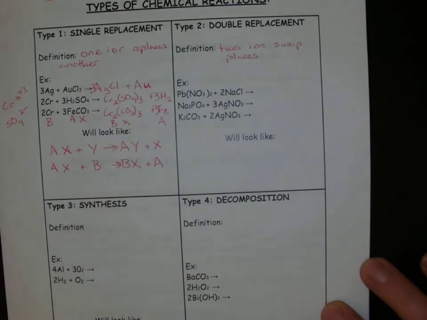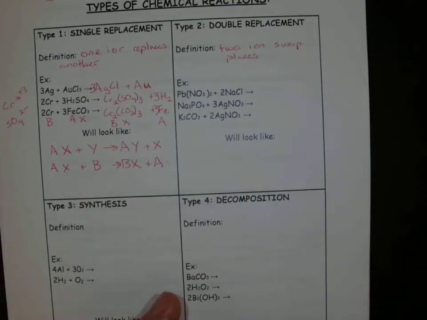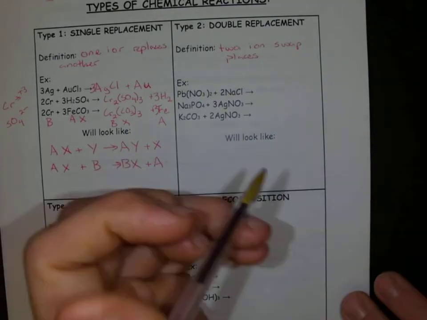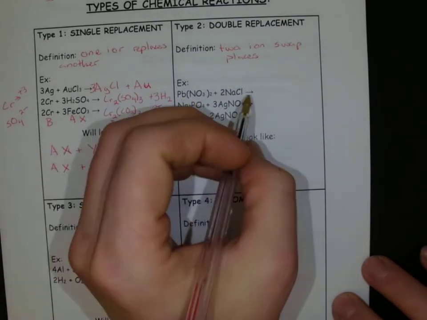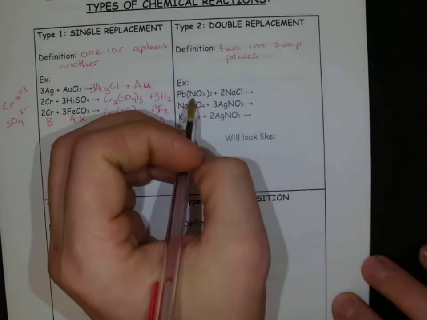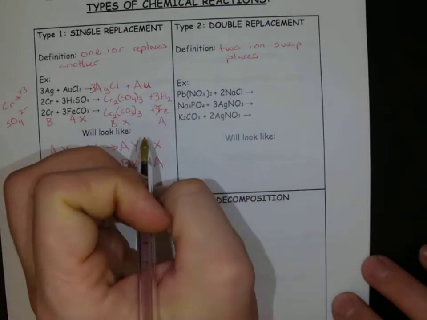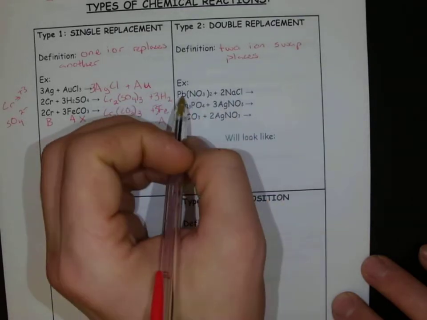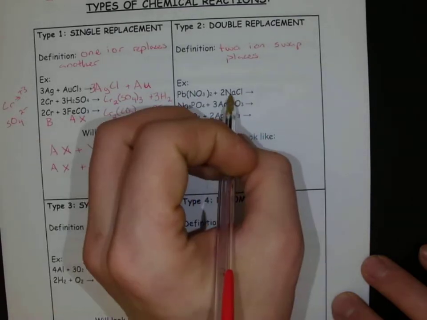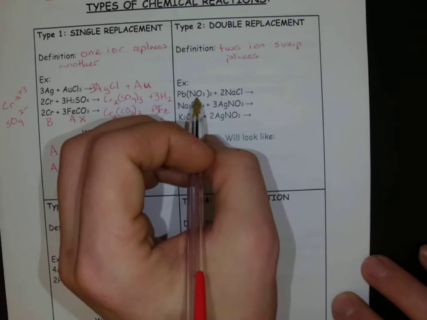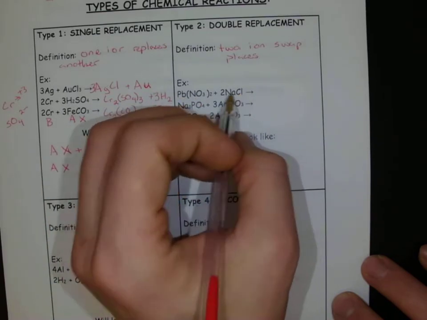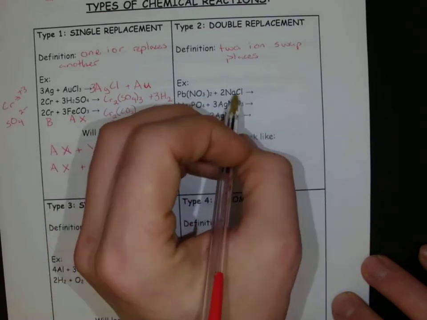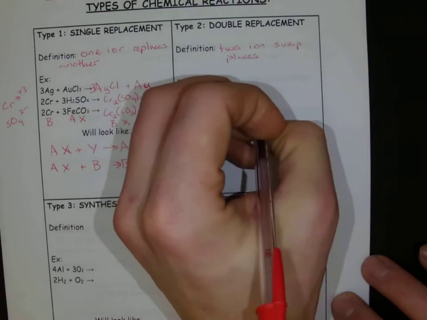The positives are going to switch places with the negatives, okay? So our examples here, we see lead nitrate and sodium chloride. Lead is positive, sodium is positive, nitrate is negative, chlorine is negative. So lead now is going to combine with chlorine.